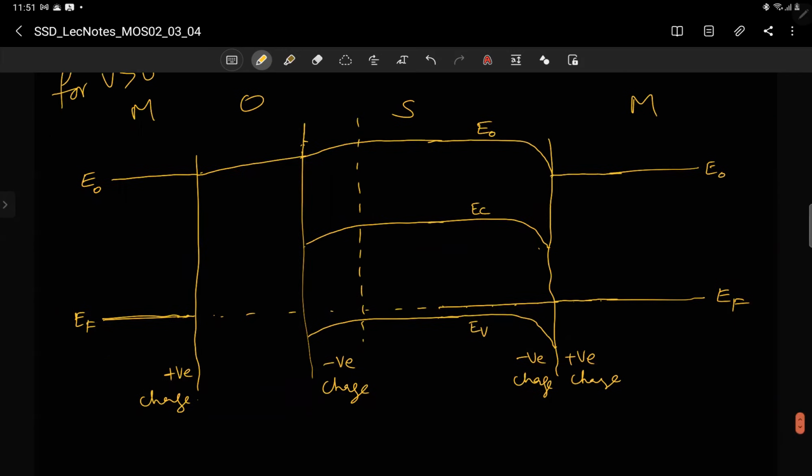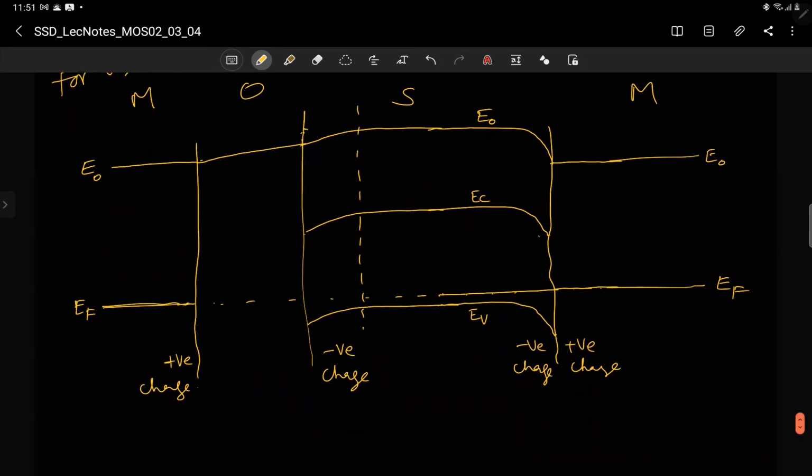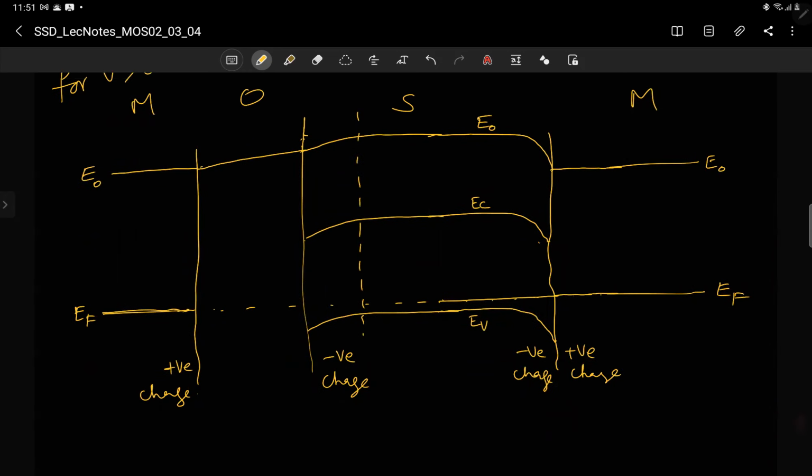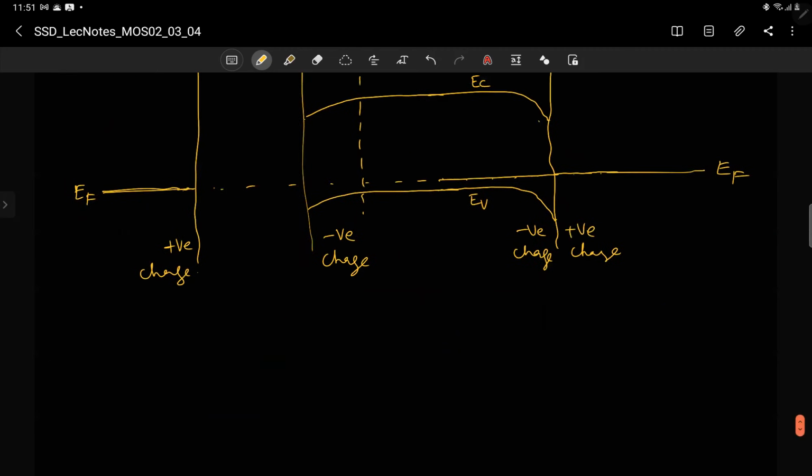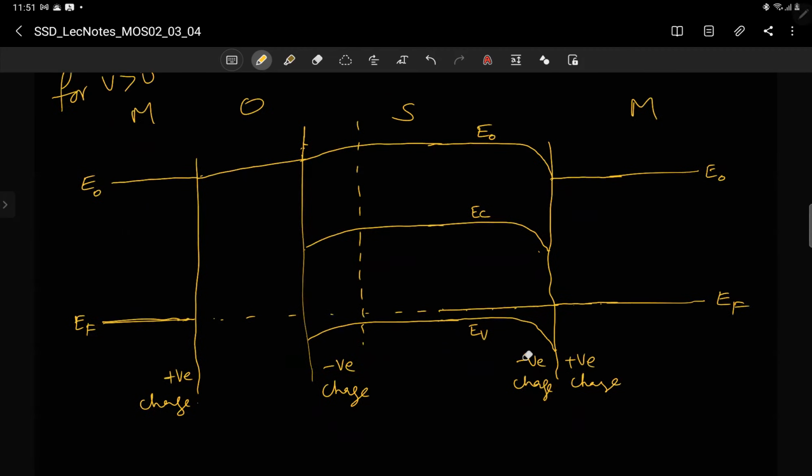So this is how it will look. So there is some charge here in the semiconductor. All right. So clearly here what we have taken is phi ms less than 0, because of negative charges, because EF we have actually taken above EF of the semiconductor. So phi ms here is less than 0.